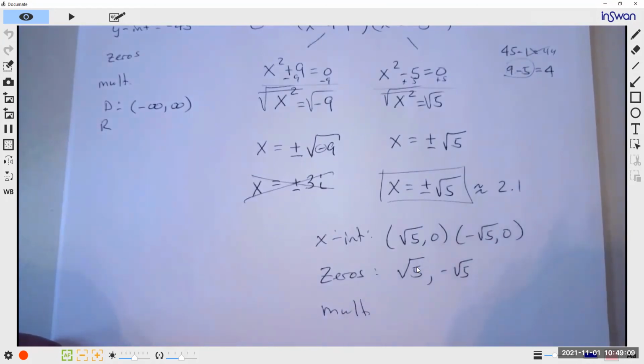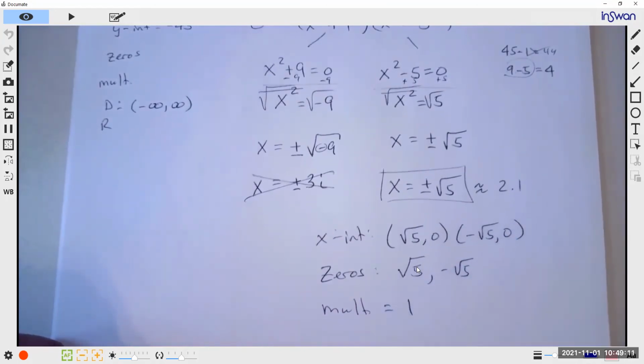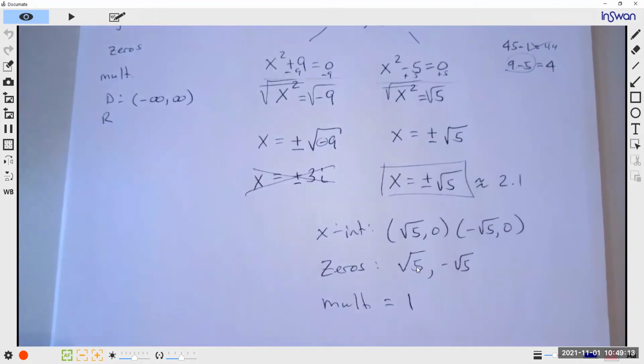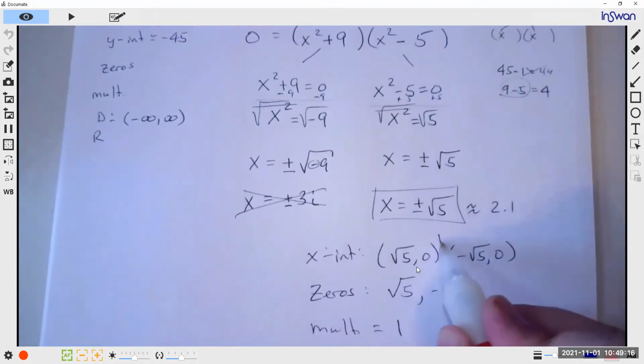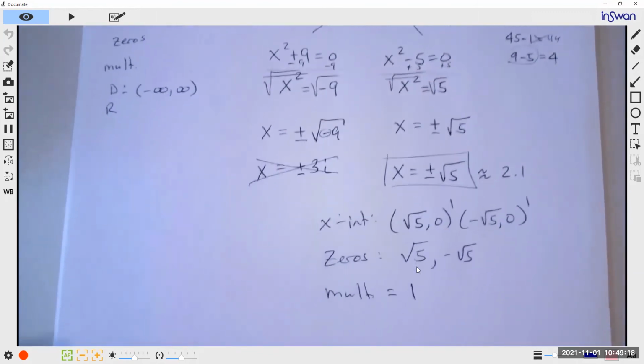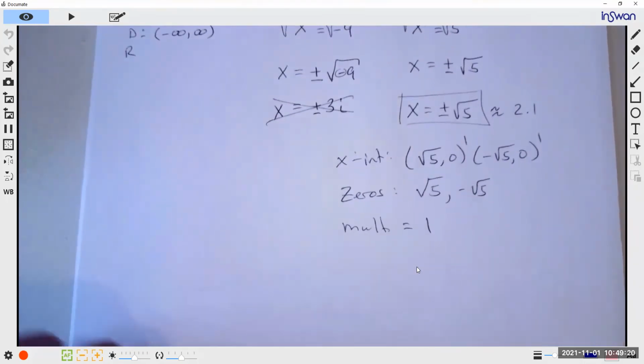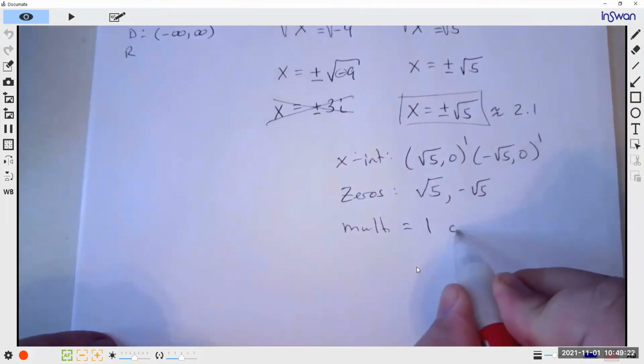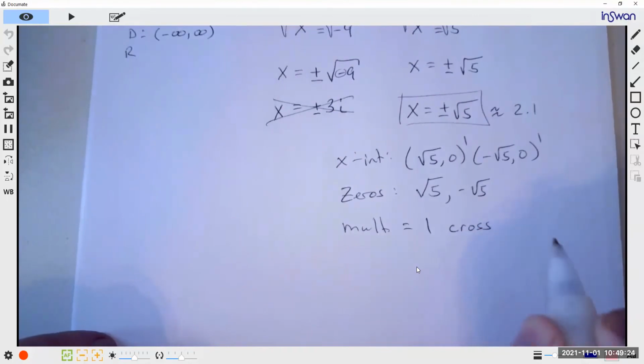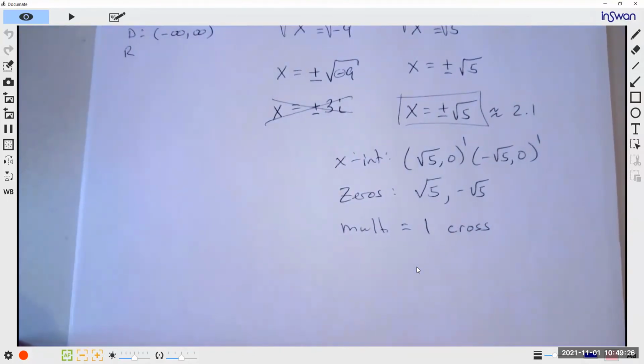The multiplicities are 1. So it's going to cross the x-axis at those points.